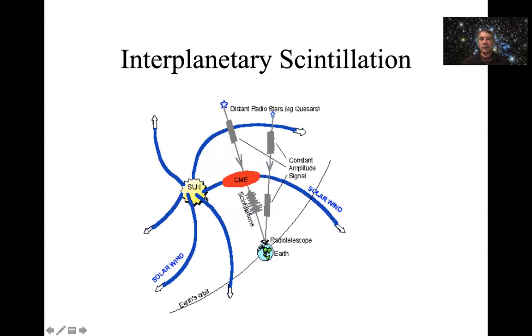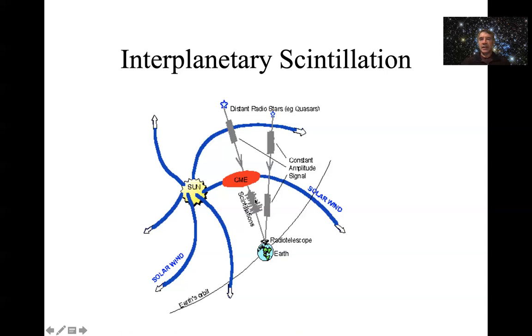It's associated with these outbursts of plasma from the sun, which, at certain times as they pass in front of the background radio source, lead to enhanced scattering of the radio waves from the distant astronomical source as they pass through the nearby cloud of plasma.